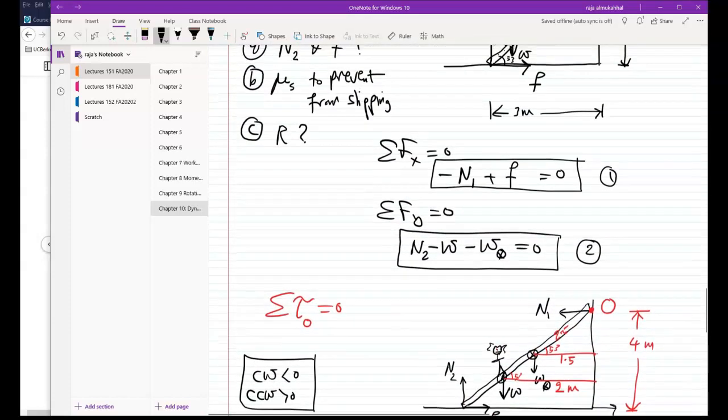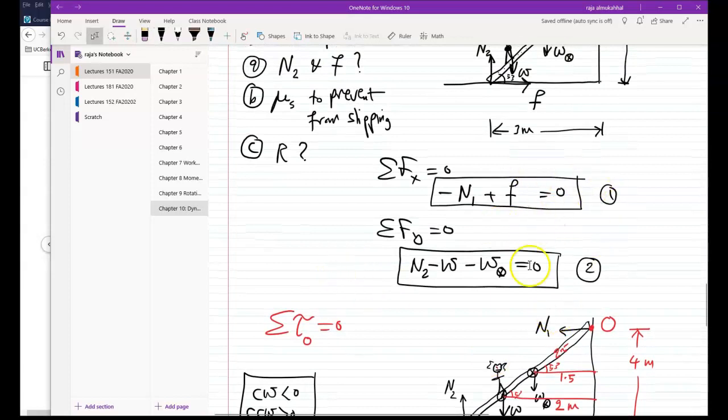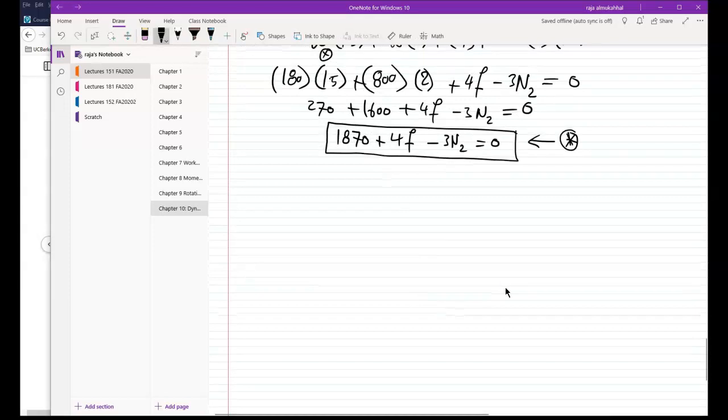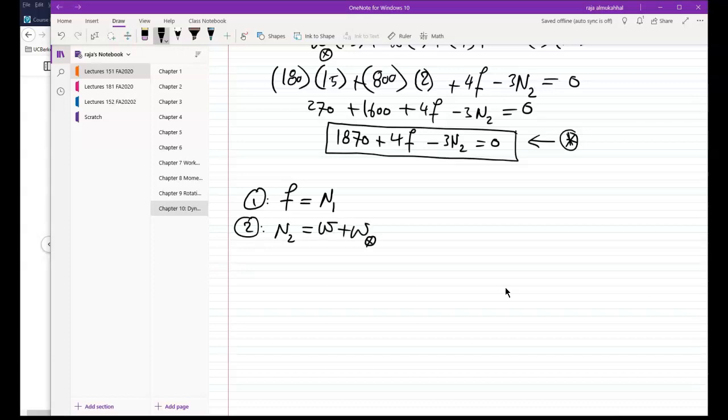Now let's go back to equation 1. Here it is. I hope you're taking notes with me. Here's equation 1. Here's equation 2. I'm not going to go back to them; I assume that you have them on your piece of paper there. So equation 1 says F equals N1. And equation 2 says that N2 is equal to W plus Wx, and that will be 800 plus 180, and that's 980. So now I know that N2 is 980 Newton.